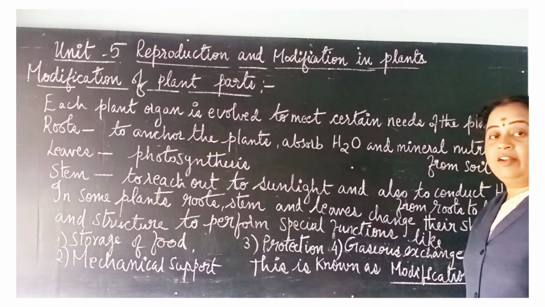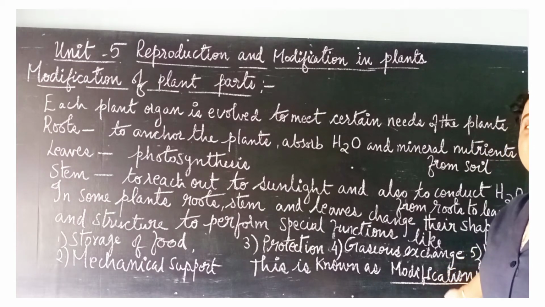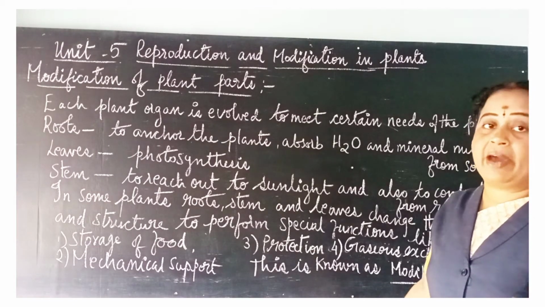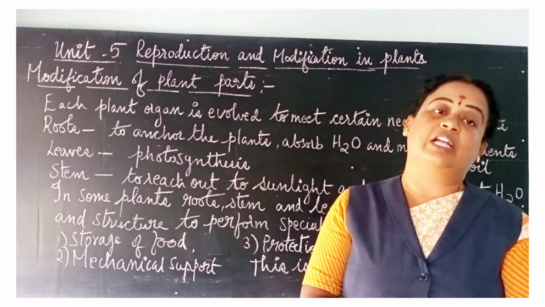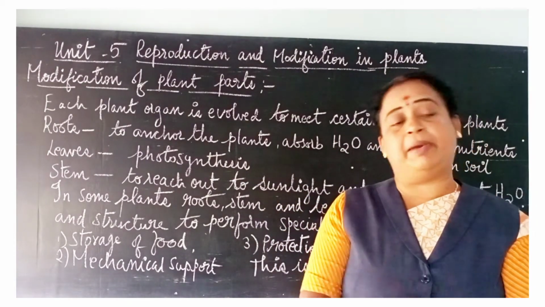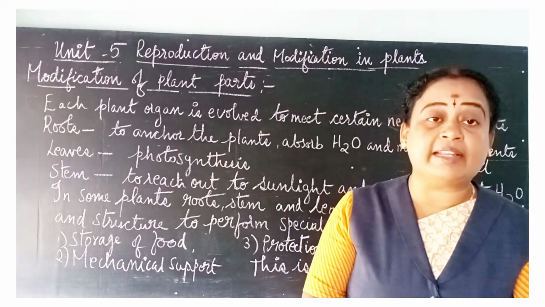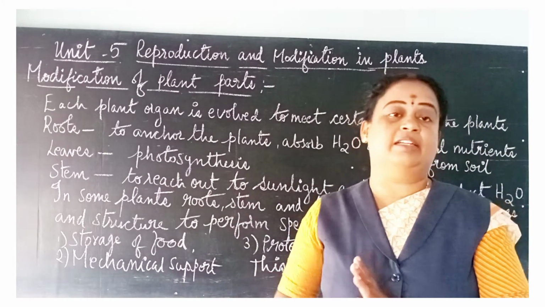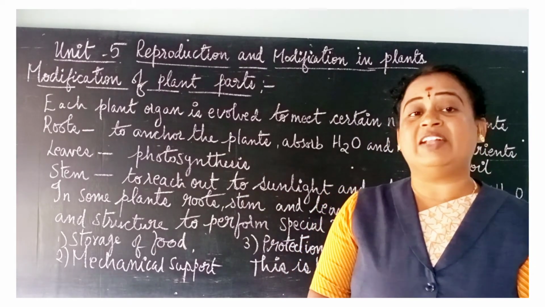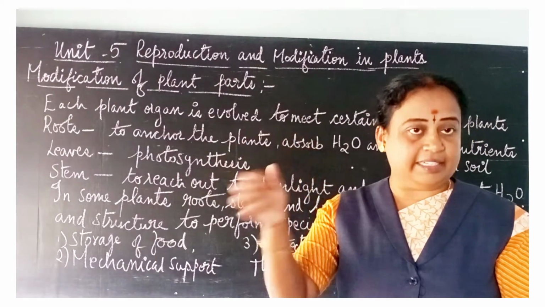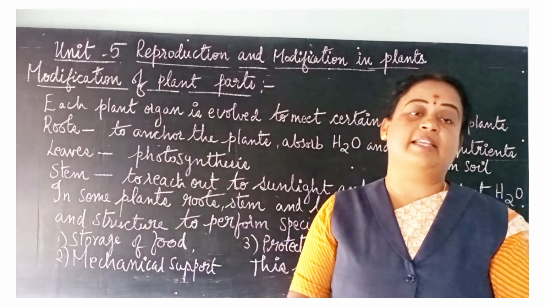The next one is vital function. Some plants act as a parasite. What do you mean by parasite? Parasites are plants which depend on other plants for food and shelter. When they depend on another plant, they never help the other plant. They just take out the nutrients that the other plant has synthesized.